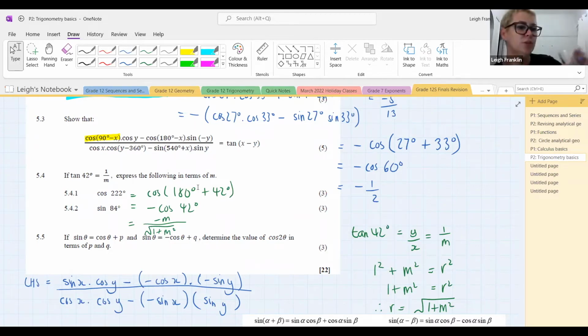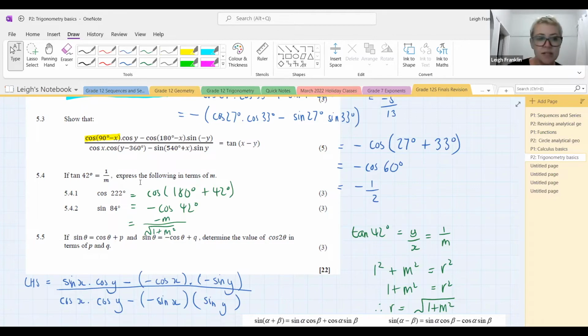What do you see when you look at 42 and 84? Double, exactly. So 84 is double 42.